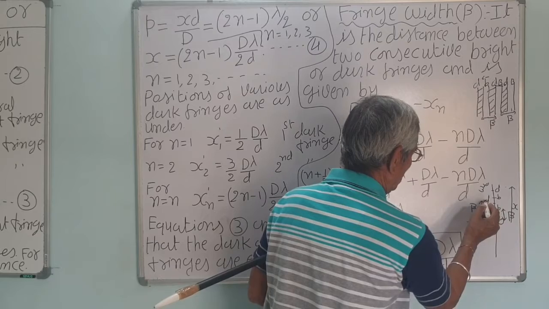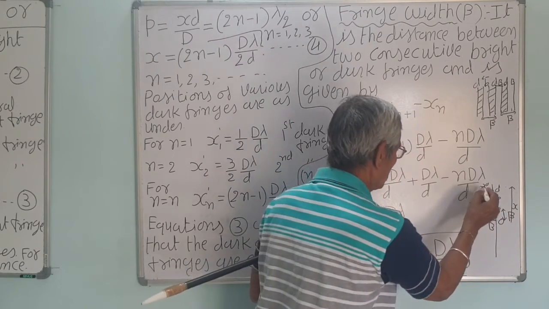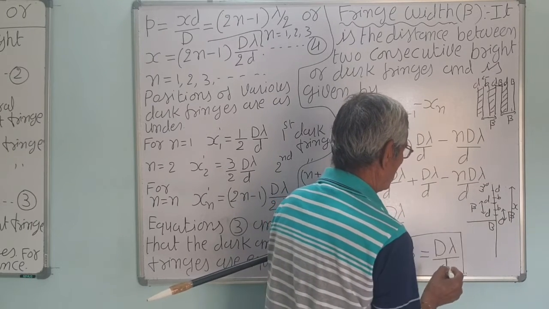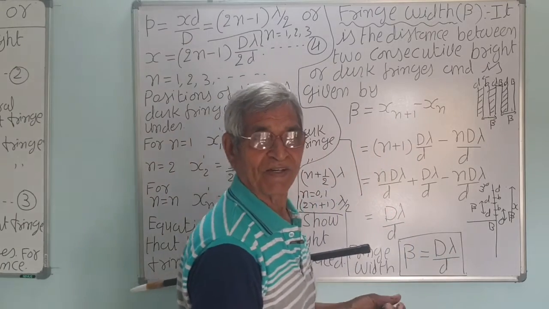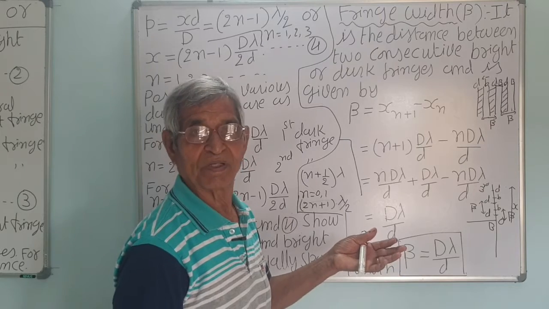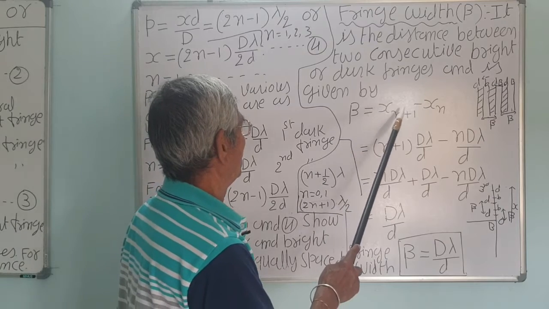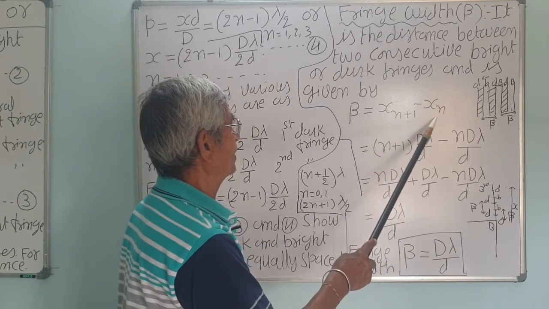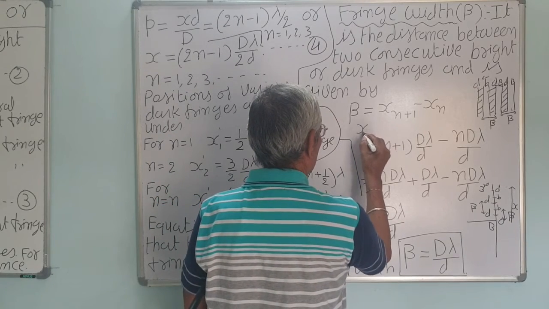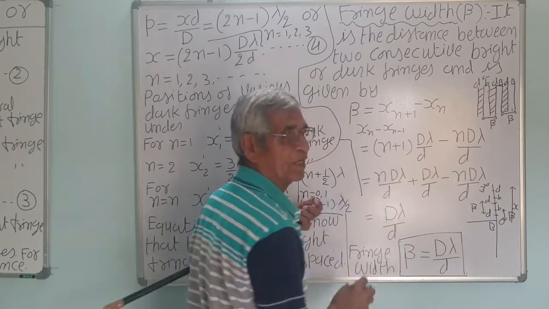If you want to measure the distance between two dark fringes, then third minus second, or you can say 2 minus 1, or suppose n may be 10 also, then 10th fringe minus 9th dark fringe, that is the distance. So beta is equal to x n plus 1 minus x n, or you can take x n minus x n minus 1 also.